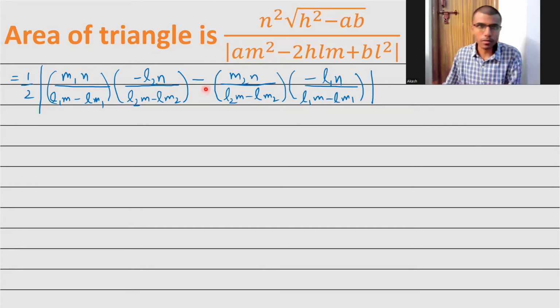If you observe in these two terms, the denominator is the same: L1m minus LM1 into L2m minus LM2.